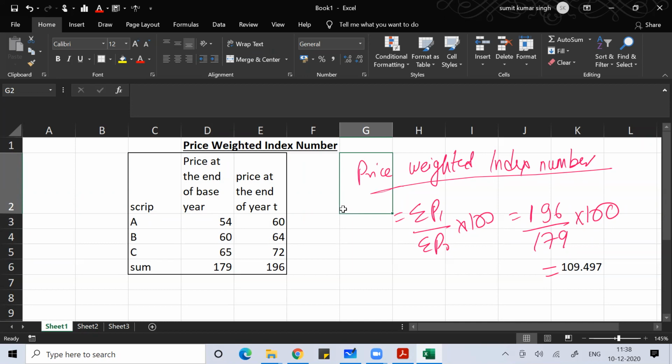They are least bothered about the number of shares, how much they're trading, what is the liquidity of the shares. All that is not relevant when we discuss the price weighted index number.